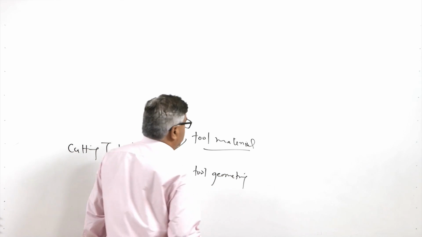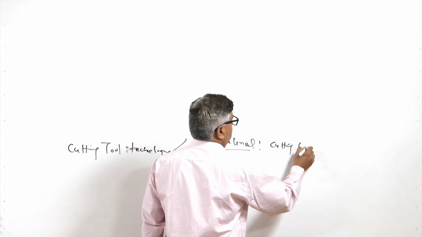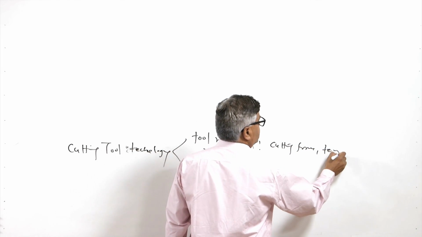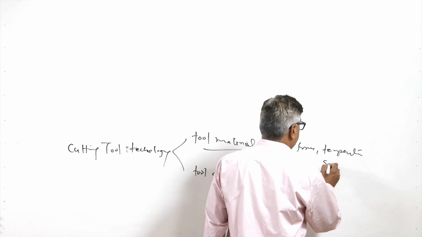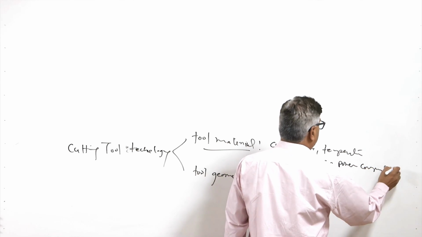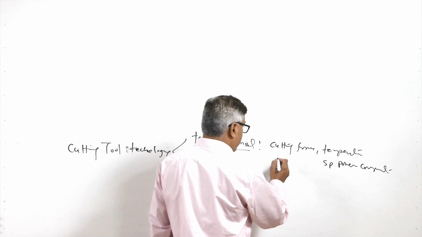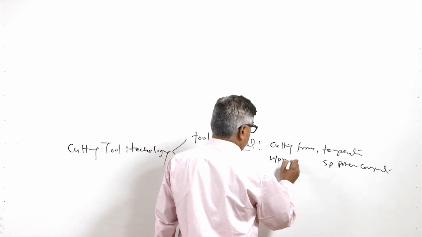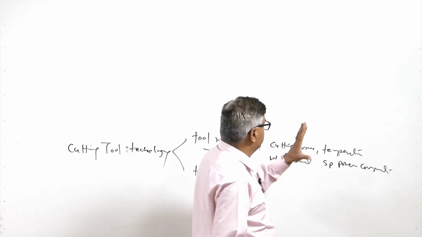The aspects like cutting forces generated, temperature rise occurring during machining, and the specific power consumption are all kept in mind along with the workpiece material. These are the factors kept in mind while selecting the suitable material.